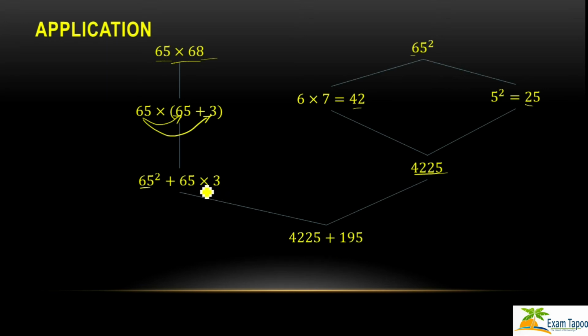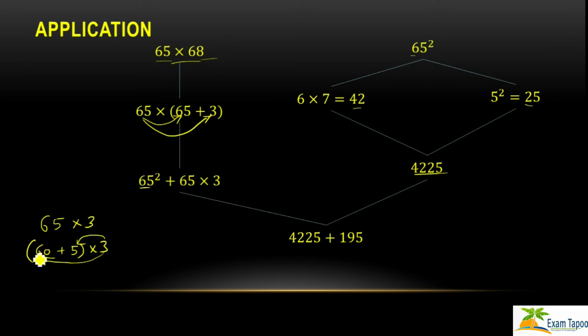Now you may wonder how you can calculate 65 times 3 mentally. Imagine it this way: 65 is written as 60 plus 5, times 3. So now you have a parenthesis. You can multiply this 3 to 60 and you can multiply this 3 to 5 as well.